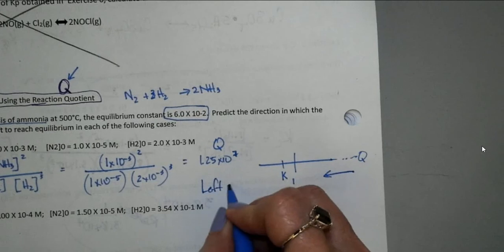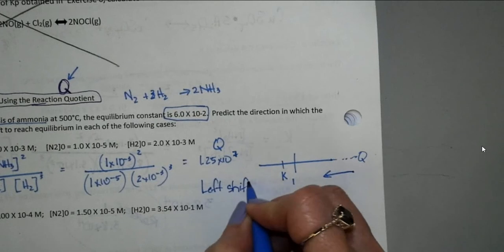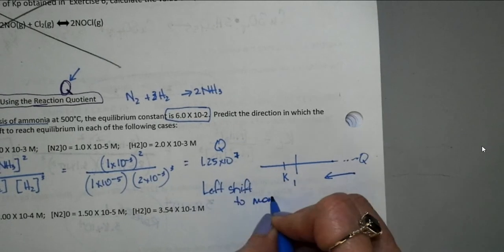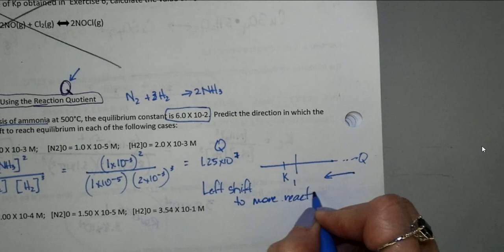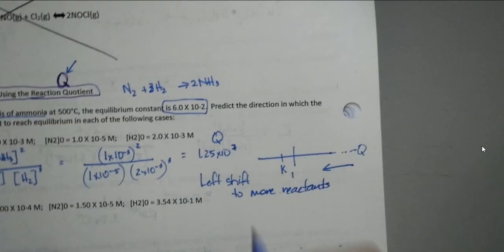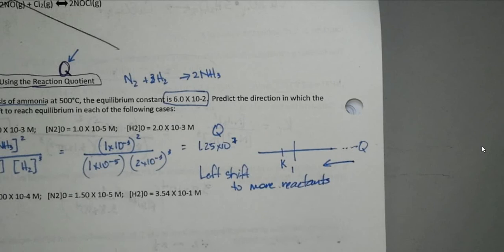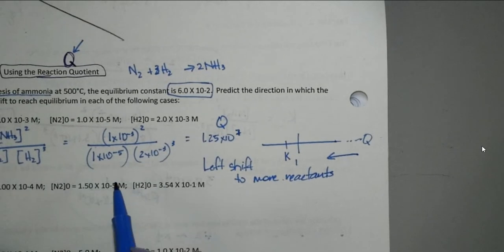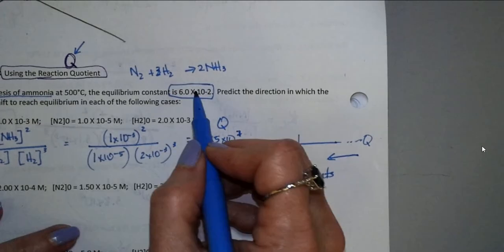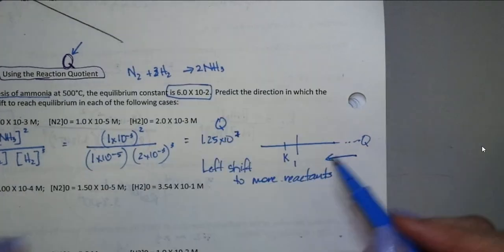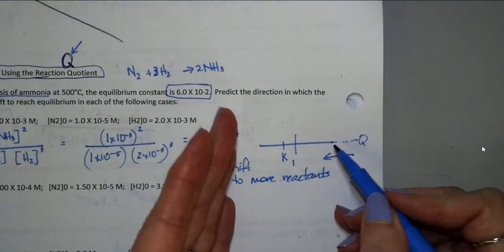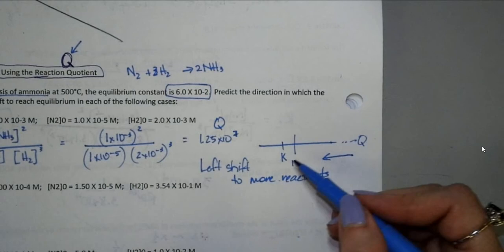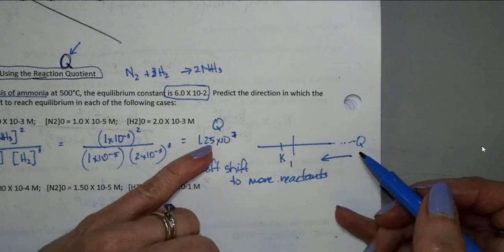You calculate Q the exact same way that you do K, and then you compare it. They've given us K. So when we look at this number line, it's all about K. Here's where K is. We just calculated a Q that was way over here. Which way will it have to shift to get back to equilibrium? That's what they're talking about here. Try letter B.